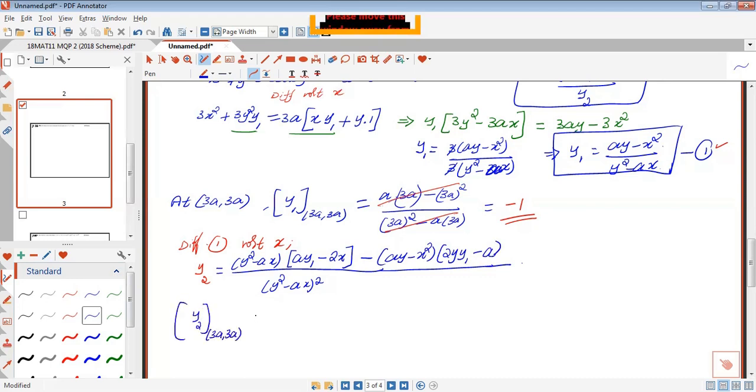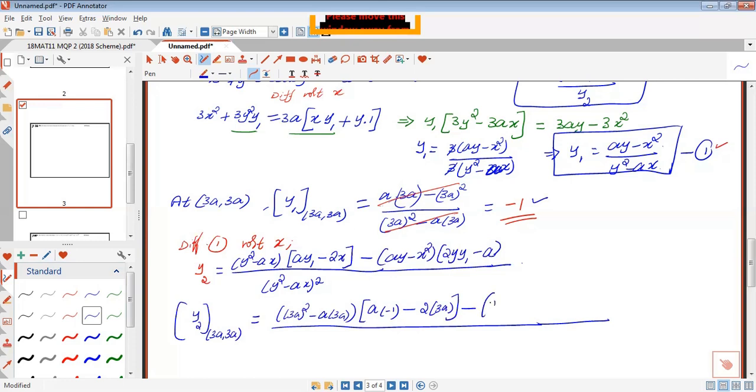(3a, 3a). The given point is (3a, 3a), put the values here. In the numerator, (3a) square minus a into 3a, and a into the value of y1, which is minus 1 as we got previously, minus 2 times 3a, minus again a into 3a, minus 3a square into 2y into y1, y1 value is minus 1 we got, minus a.